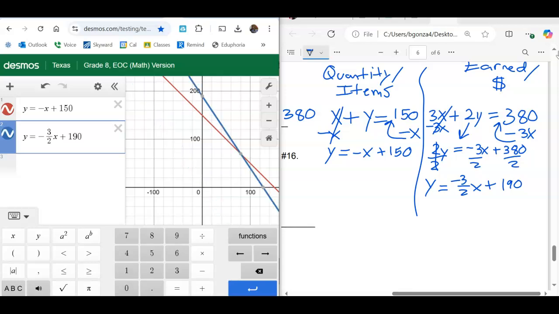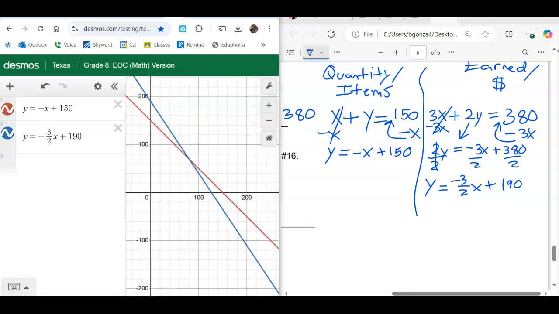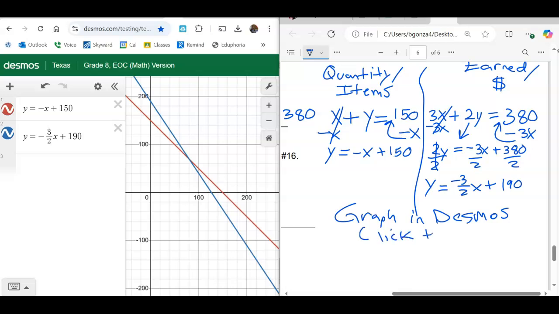All right. Graph in Desmos. Click the intersection. So that's your solution.